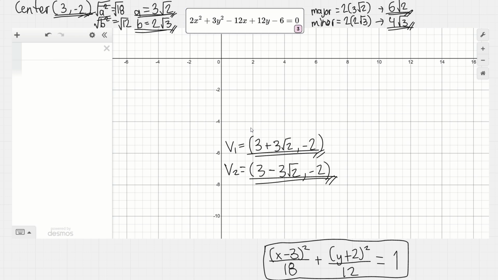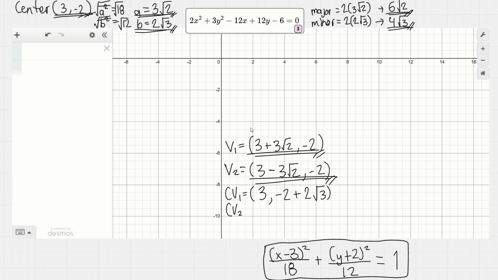Now we have our vertices. Let's get our co-vertices. So our co-vertices will be moving on the y-axis. So there will be a y change. Let's go to our center. 3, comma, negative 2 plus, we're going to use our b value, so 2 square root of 3.